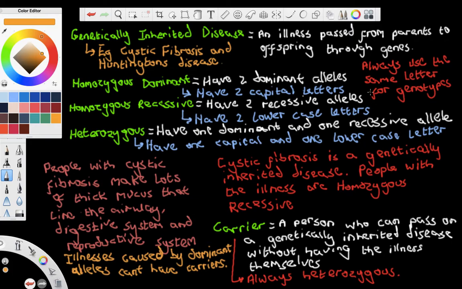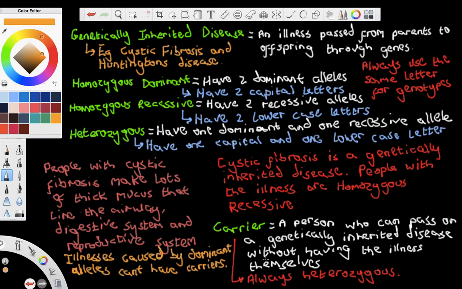We're going to be focusing on cystic fibrosis. So people with cystic fibrosis make lots of thick mucus that line the airways. They also line the digestive system and the reproductive system. Cystic fibrosis is genetically inherited and it is caused by a recessive allele. So people with the illness are homozygous recessive.